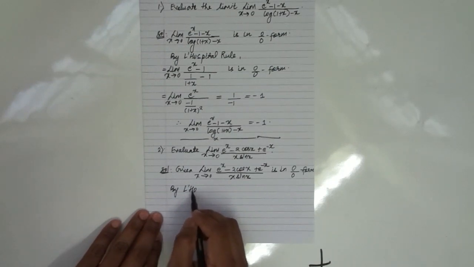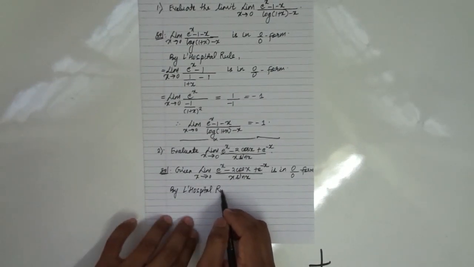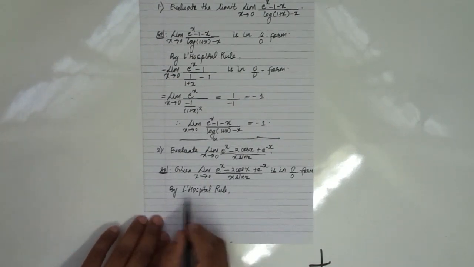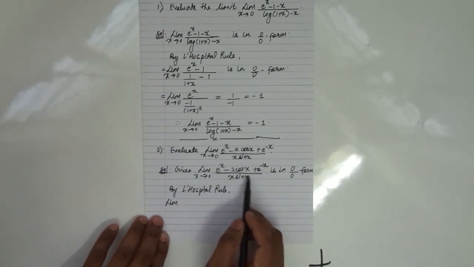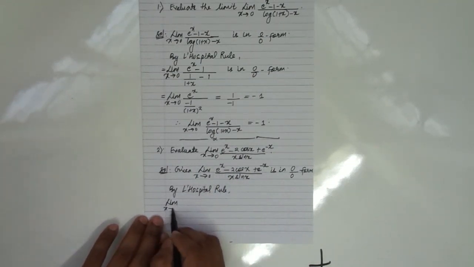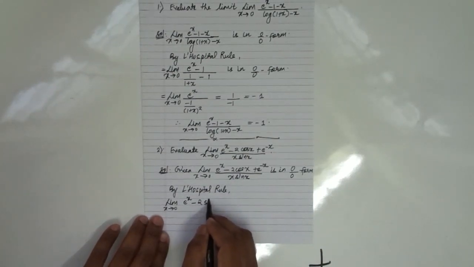So by L'Hospital rule, we have this limit is equal to the limit of derivatives of numerator and denominator function. So limit x tends to 0, derivative of e raised to x is itself e raised to x, minus 2 times derivative of cos is minus sine.